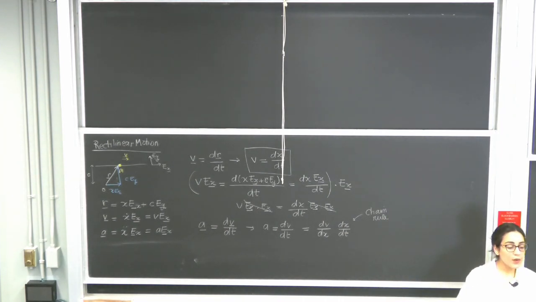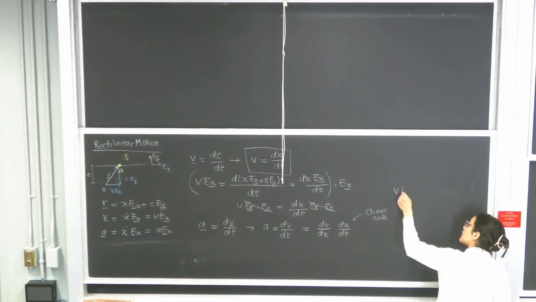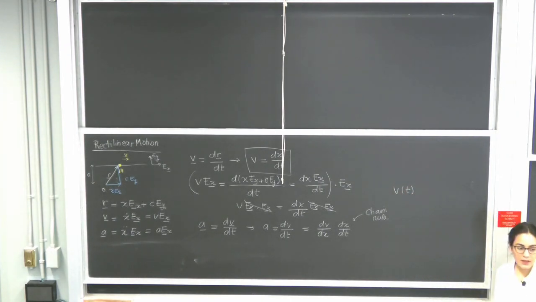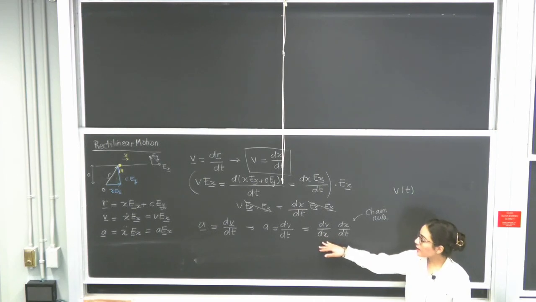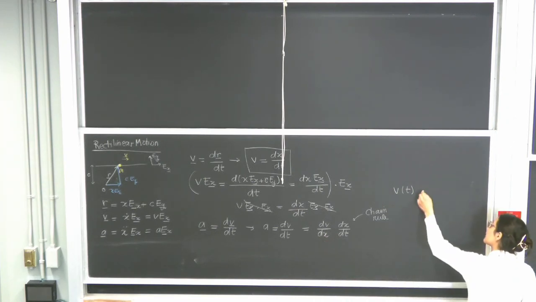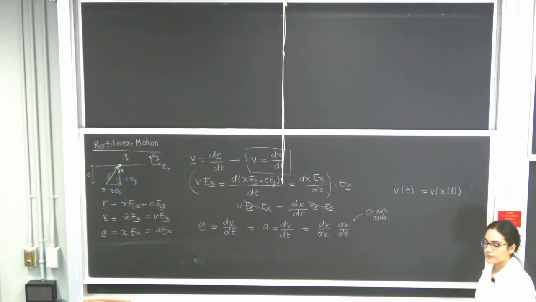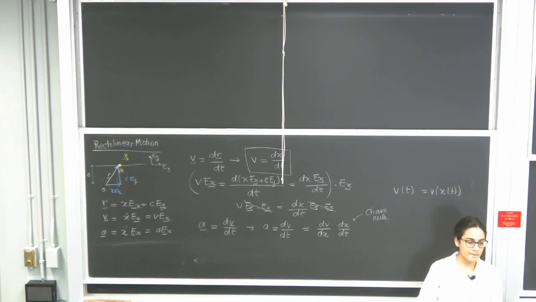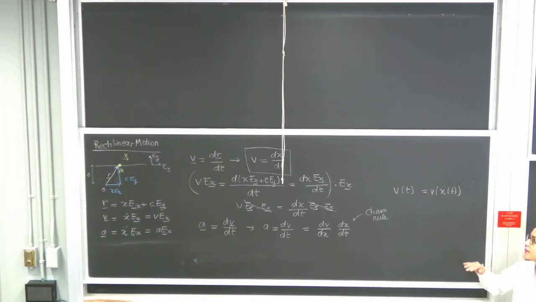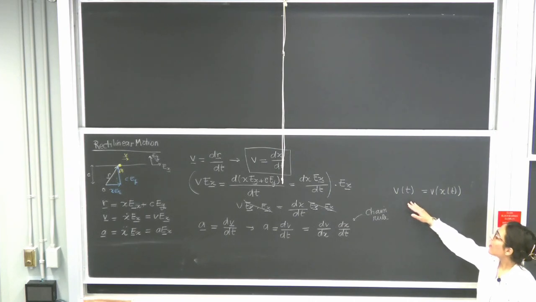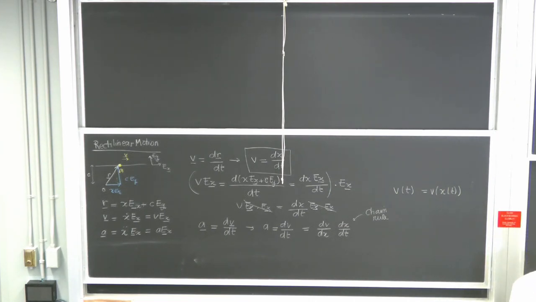So basically what we've assumed so far is that the velocity is a function of time. Now to be able to use the chain rule, what I'm saying is that the velocity can be written as a function of x that is then a function of time. So basically I can write x as a function of time.